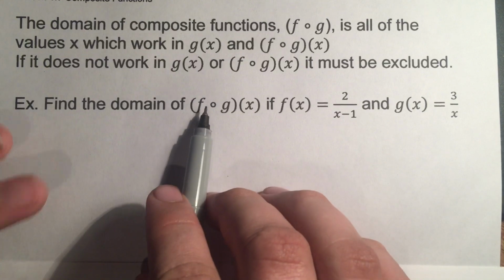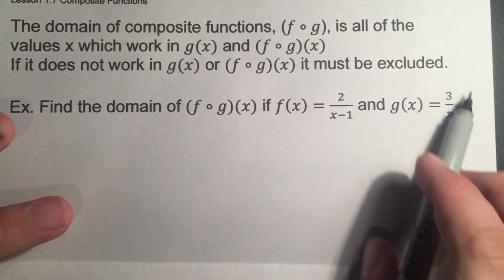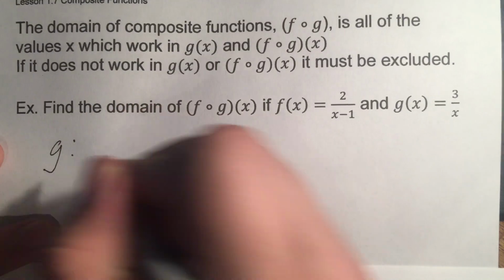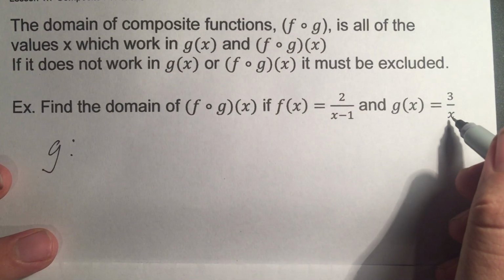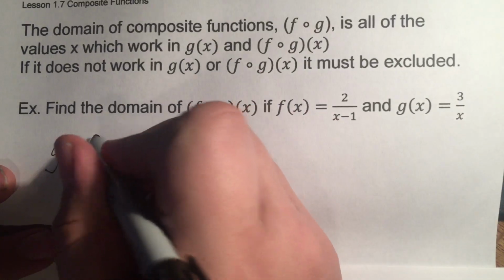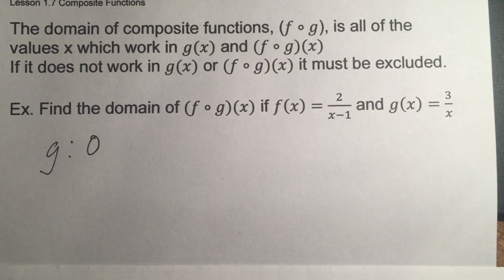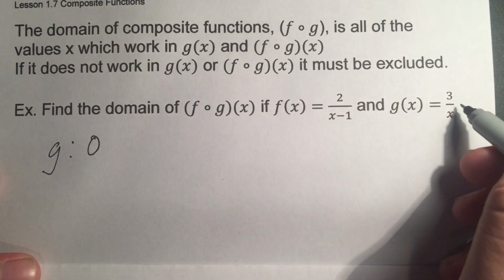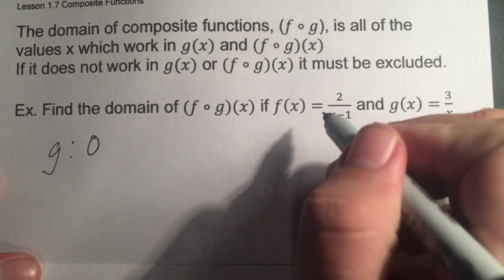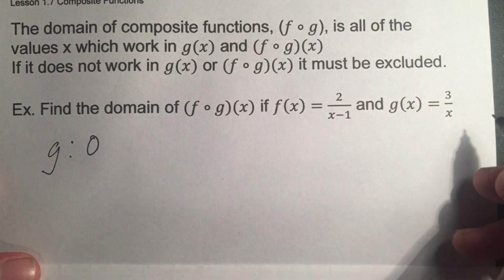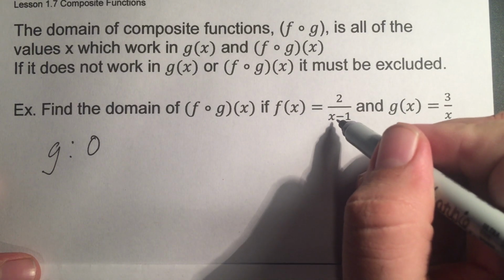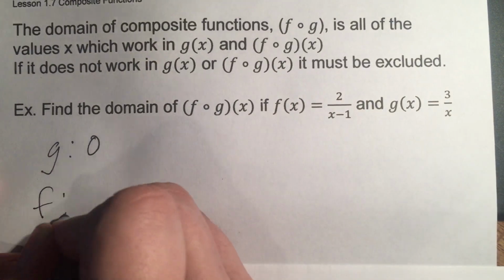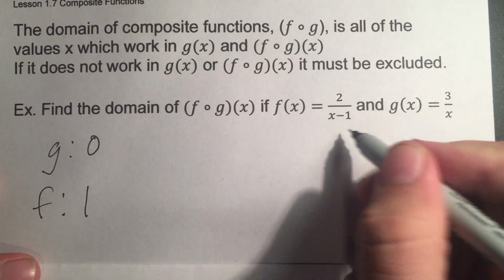If we're finding f of g, first we have to look at what would not work with our g function. On the g side of things, the only x that wouldn't work would be 0. So that's one thing we're going to have to restrict. The other thing is if we look at our f function, whatever we would get out of g to go into here, if we put 1 in there, that would cause bad things, right?